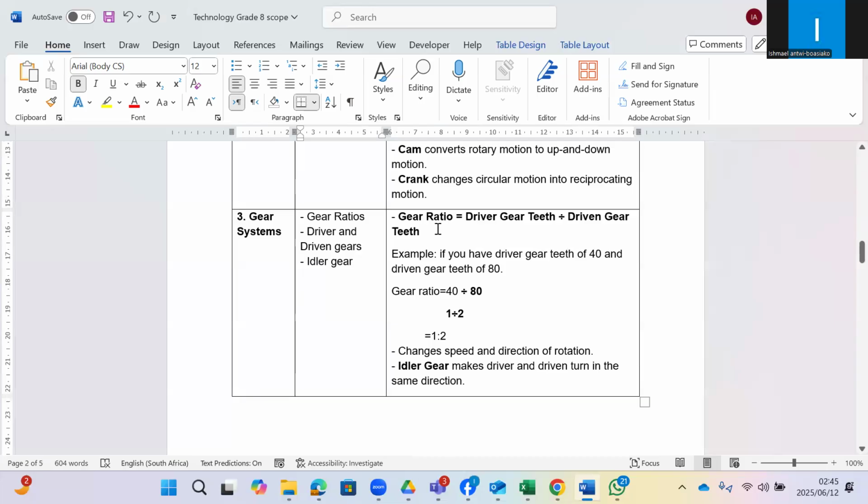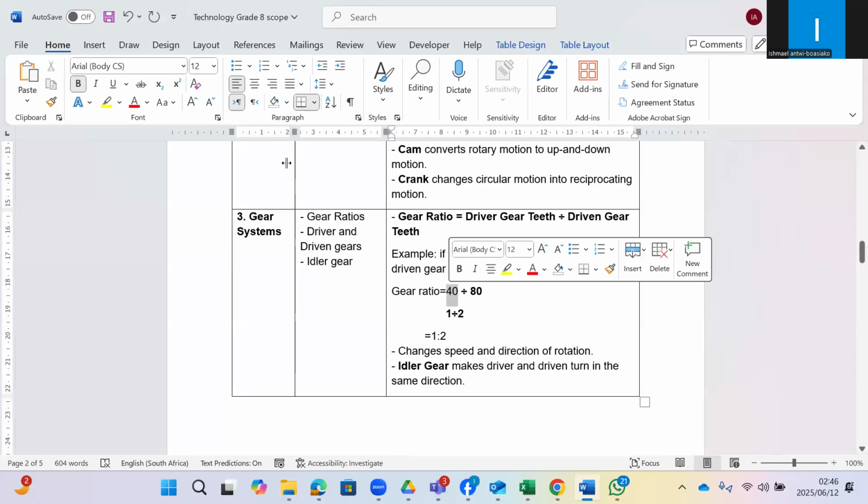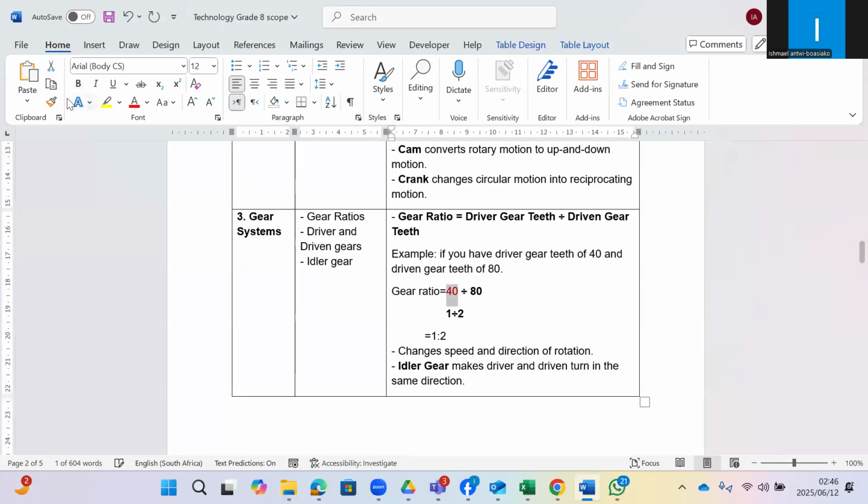Gear ratio is calculated as the driver gear divided by the driven gear. Now, example, if you have a driver gear teeth of 40 and then the driven gear of 80, how do we calculate the gear ratio? It will be calculated as 40, which is the driver gear, divided by 80.